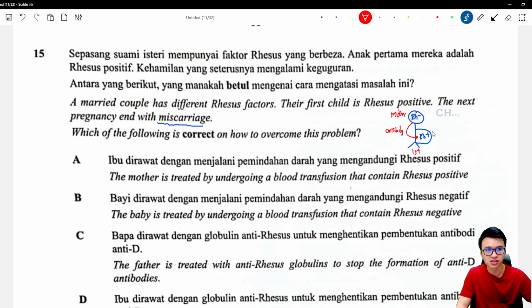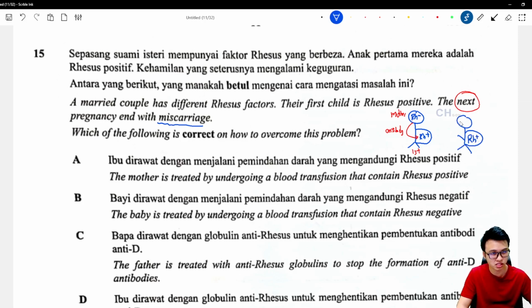But when it comes to the next pregnancy, the mother's body has a lot of antibodies already. All right. So this is rhesus positive again.